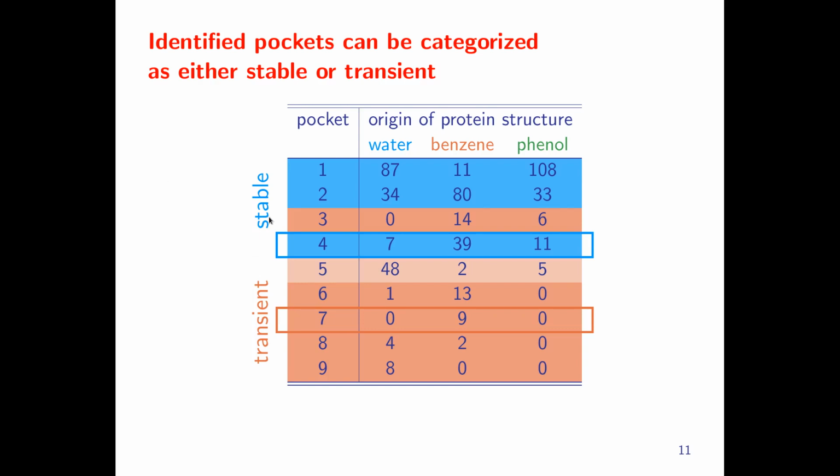Stable pockets, such as the first two, bind a larger number of ligands, and they bind ligands in all three types of MD trajectories. This signifies their stability, so the stability of their open conformation. On the other hand, transient binding sites, such as the third one, typically have fewer binders, and they are only open in perhaps one or two MD trajectories.